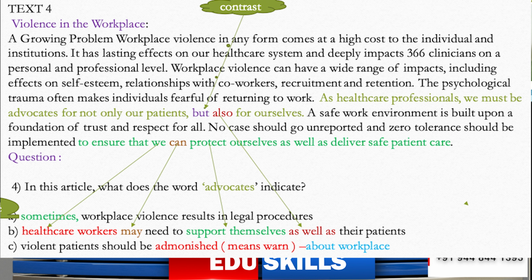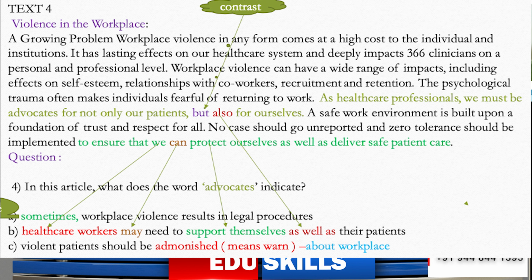Option B, healthcare workers may need to support themselves as well as their patients. That we can see here. As healthcare professionals, we must be advocates for not only our patients, but also, after the contrast word, there is the answer, but also for ourselves, right? Even in the last line we can see, to ensure that we can protect ourselves as well as deliver safe patient care.